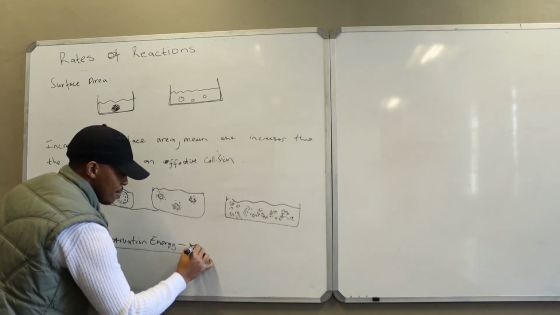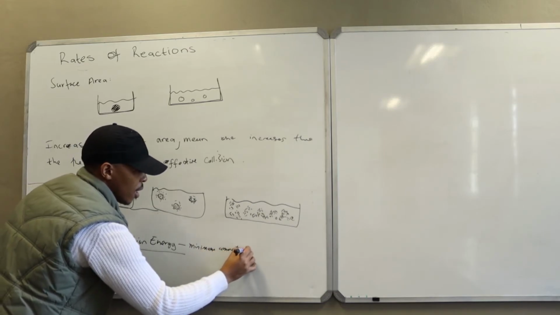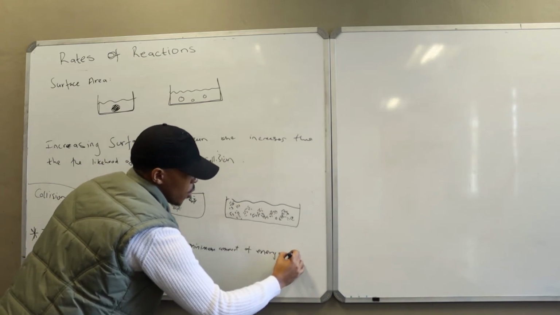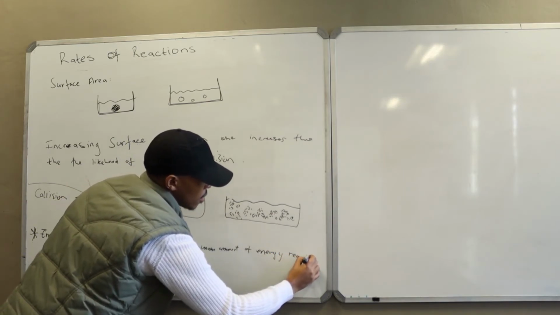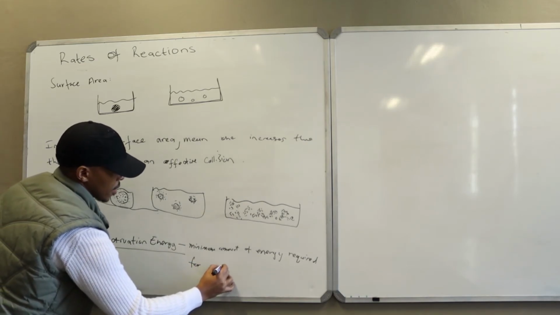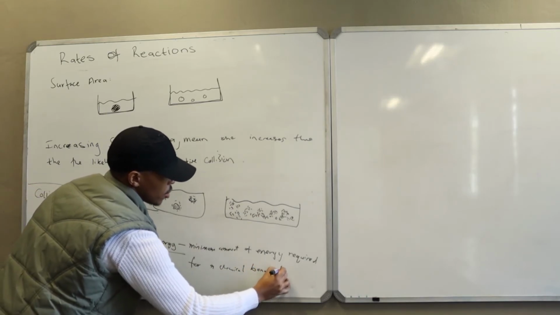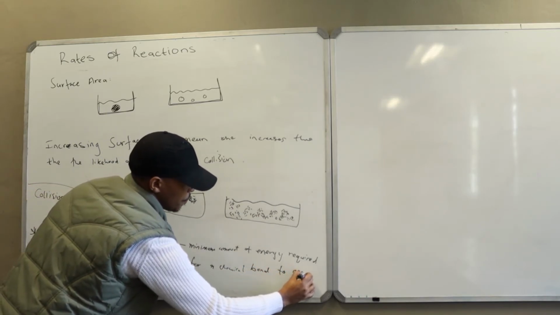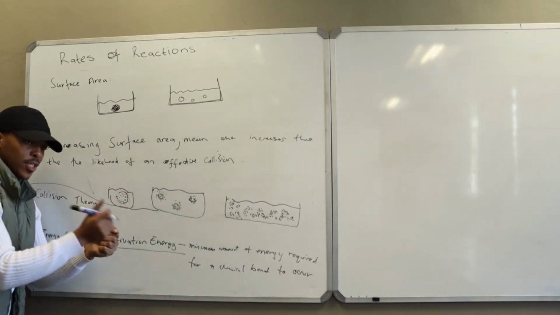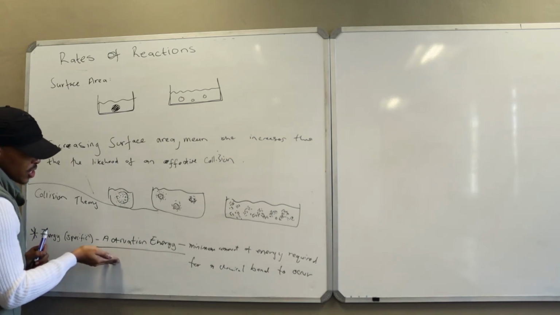Activation energy is the minimum amount of energy required for a chemical reaction to occur. So specific reactions happen at specific energies, right? So it needs to be at activation energy.